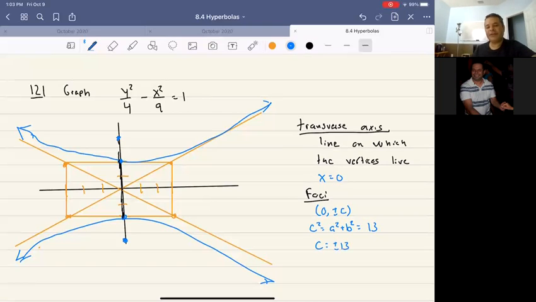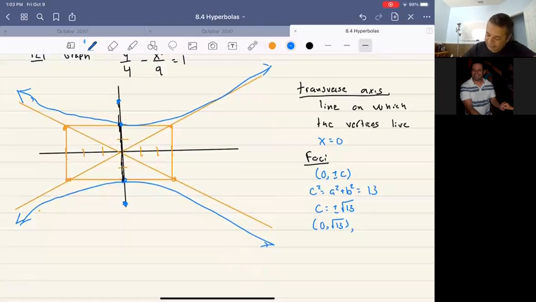So c is plus or minus, sorry, square root of 13. Okay, so 0, square root of 13, and 0, negative square root of 13.